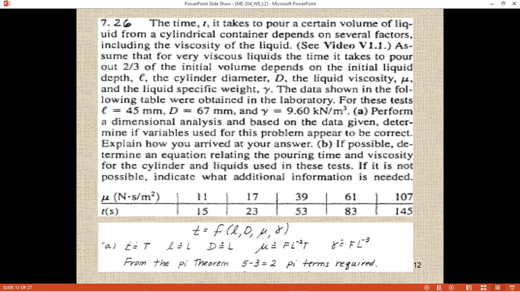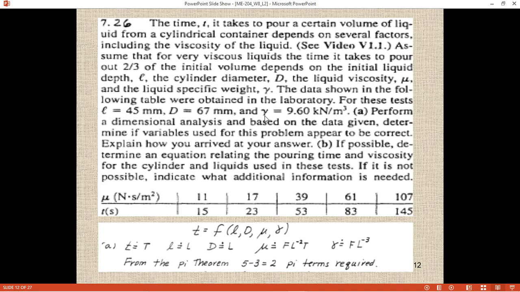In part B, if possible, determine an equation relating the pouring time and viscosity for the cylinder and liquids used in these tests. So we also have to develop a relationship between the pouring time and the viscosity for the cylinder and liquids used in this test, using the cylinder diameter, the length, and the specific weight.